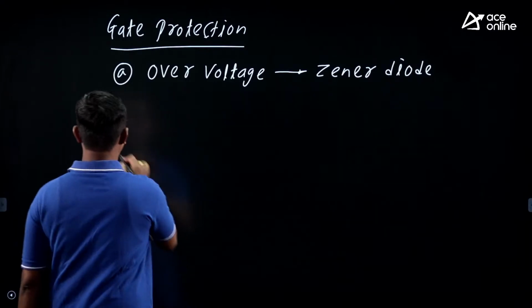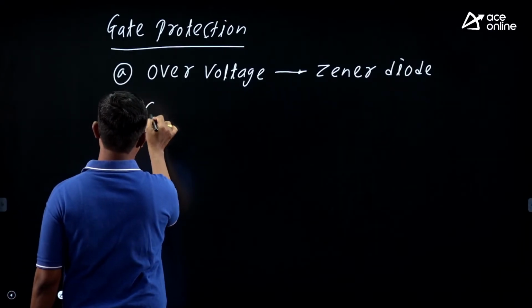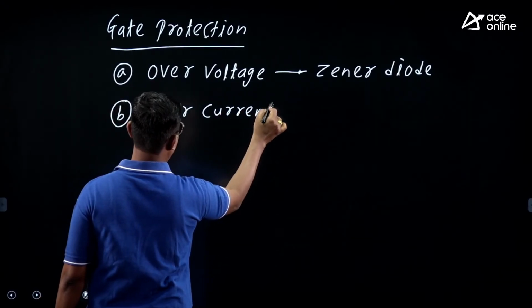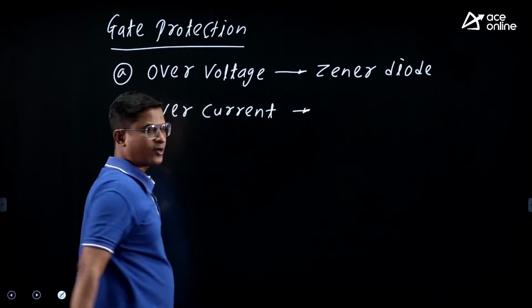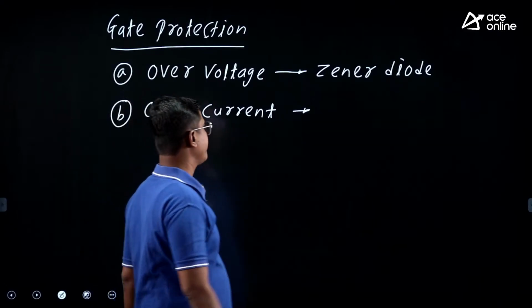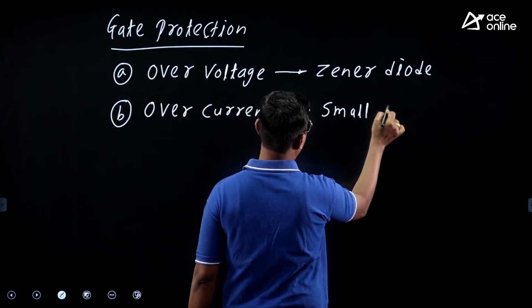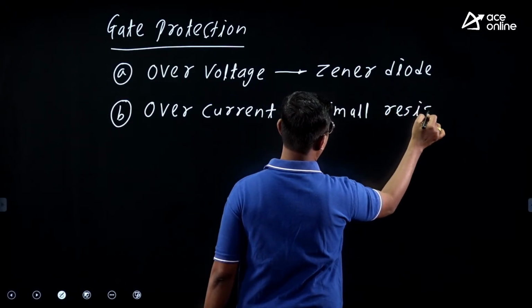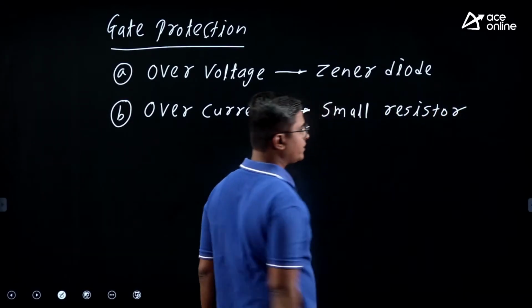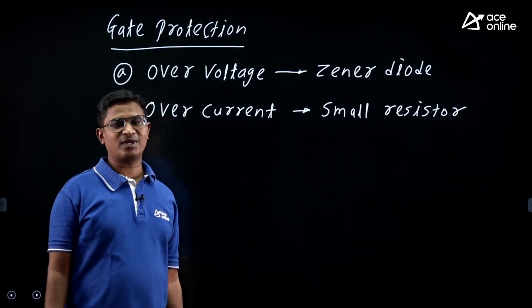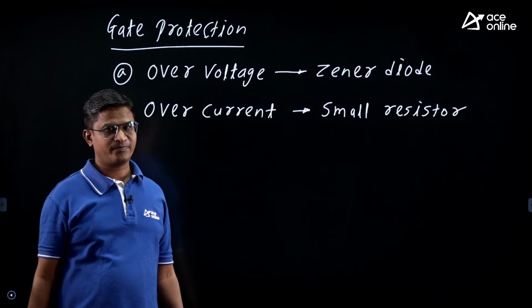Second is over current protection. For over current protection in a gate cathode circuit, a small resistor is used. Here fuse is not required because in a gate cathode circuit your current range is hardly in milliampere, right?